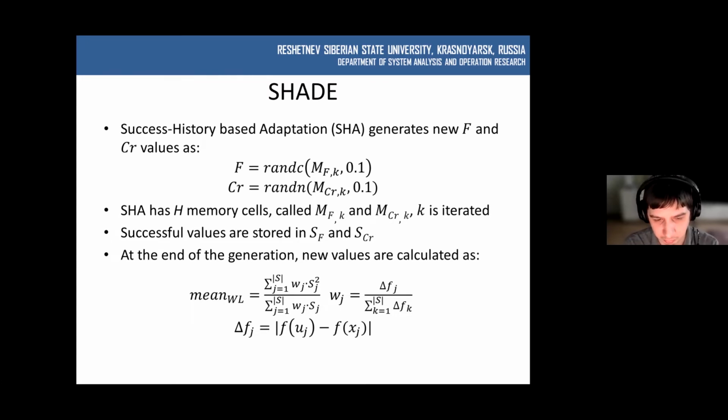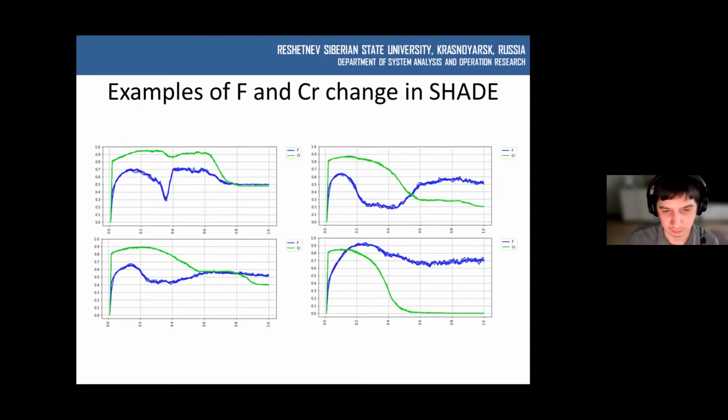So how does SHADE work? It has several memory cells, and it stores the successful values of F and CR, and also how big the improvement of the fitness function was. Based on this information, the weighted mean is calculated, which will be the new value in the memory cells. Here, for example, you can see how SHADE works.